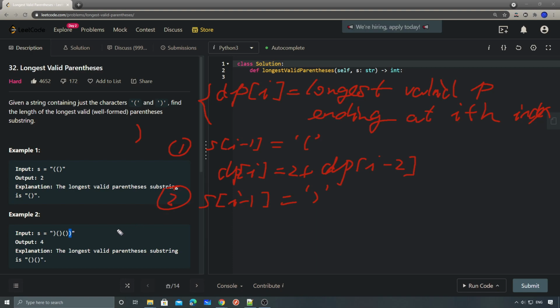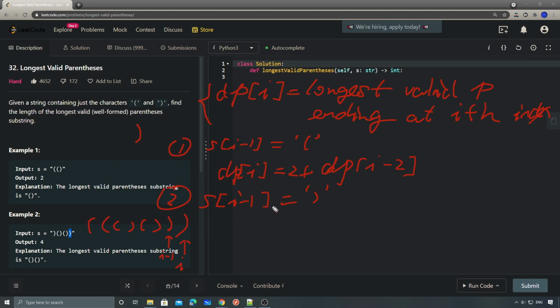So let's say we have this one here, with a left, and this is i, and then i-1 is also a right parenthesis.